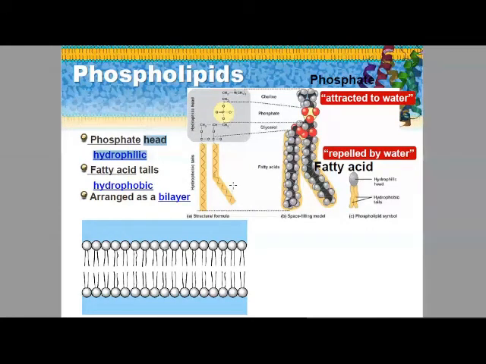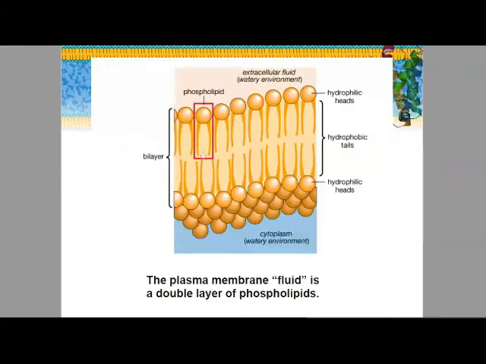And another portion, the one that is said to be hydrophobic, also known as the hydrophobic tails, are the 2 fatty acids. So one portion of the phospholipid is attracted to water, another portion is repelled by water. And these phospholipids are organized in this configuration within the phospholipid bilayer.